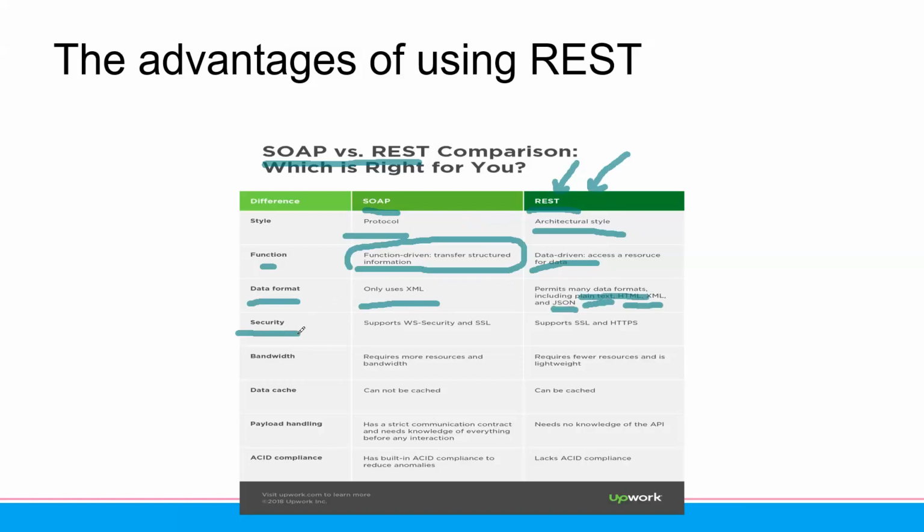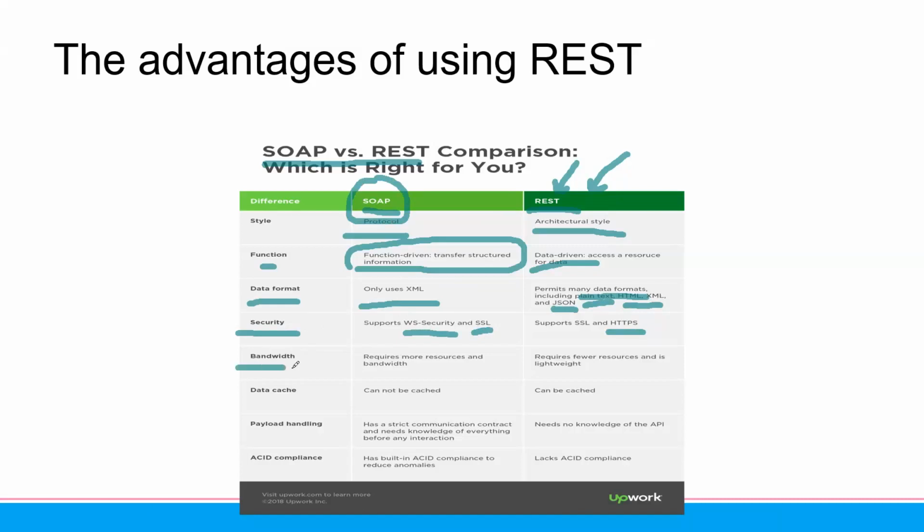And for security, nowadays the web is not just HTTP but includes the S for security, HTTPS. SOAP only uses web service security and SSL, so the security is still the old version.